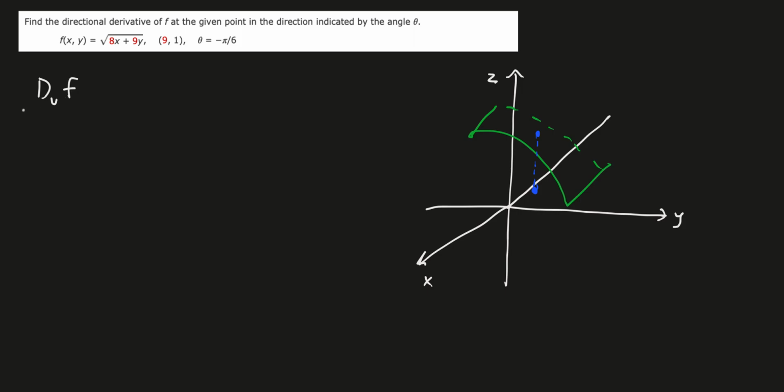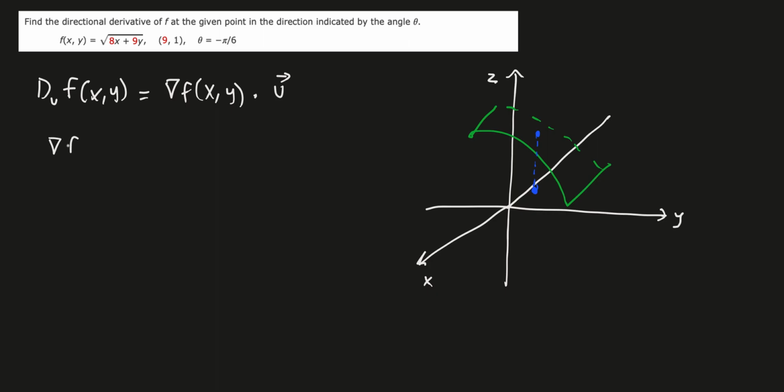So the directional derivative in the direction of our unit vector u, of our function at xy, is going to be the gradient at xy dot producted with the unit vector. Okay, so given this information, we can figure out first our gradient.